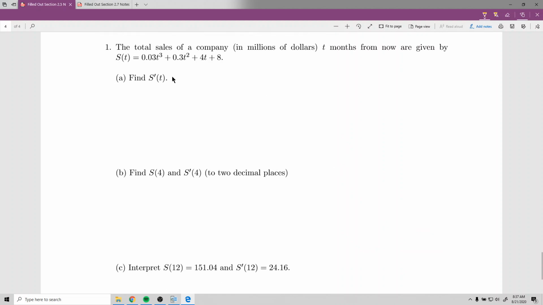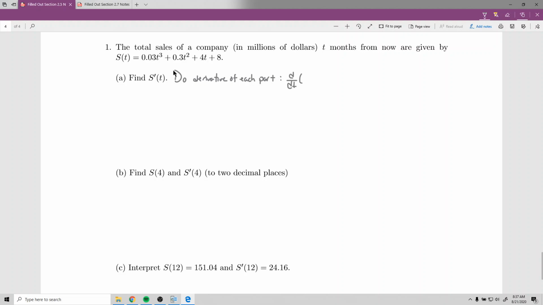All right, so the first thing we got to do is find the derivative. And in order to find the derivative, we've got to do the derivative of each part. Now, after this section, I'll probably stop writing it on every problem, but we need to do the derivative of each part. Okay, so we got the derivative.